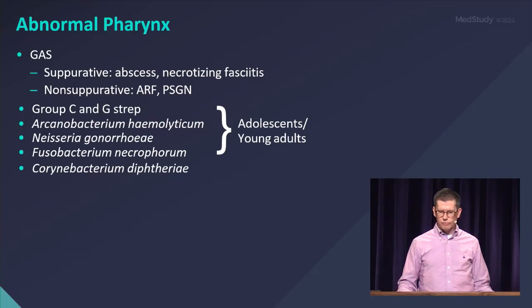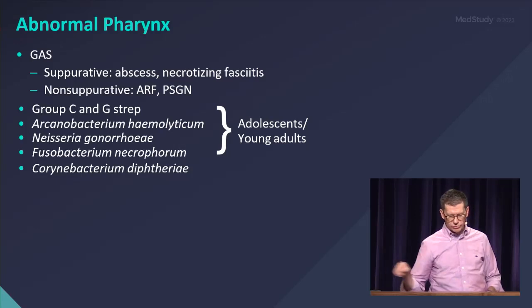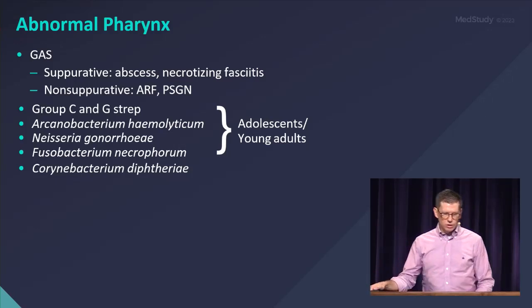So when we talk about abnormal pharynx, group A strep is the most common thing we see in pediatrics. Some of the sequelae are suppurative sequelae, right? So abscess or necrotizing fasciitis. And you can also have non-suppurative complications of group A strep pharyngitis, right? So acute rheumatic fever.